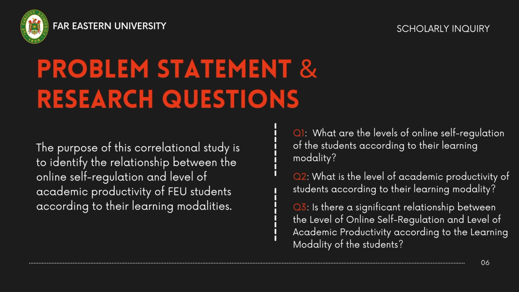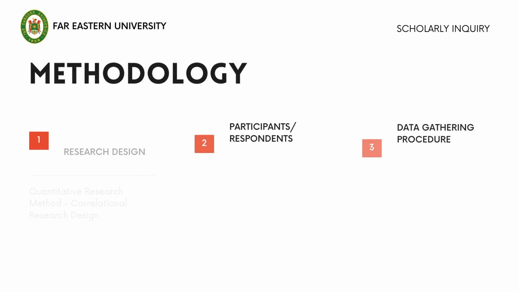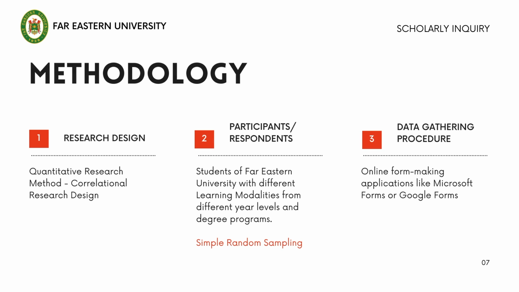What are the levels of online self-regulation of the students according to their learning modality? What is the level of academic productivity of students according to their learning modality? Is there a significant relationship between the level of online self-regulation and level of academic productivity according to their learning modality of the students? And for the last part, the methodology.